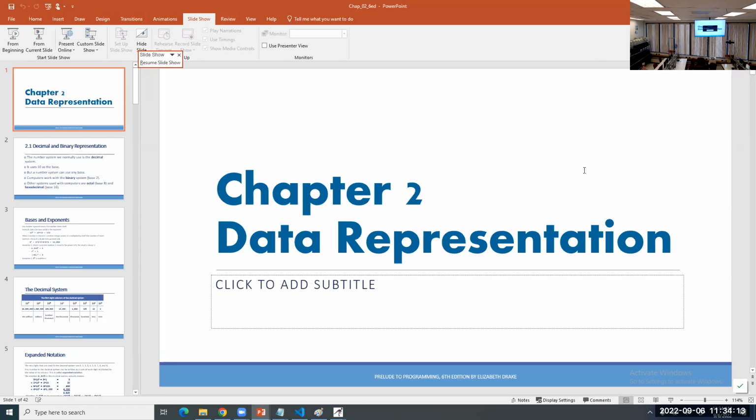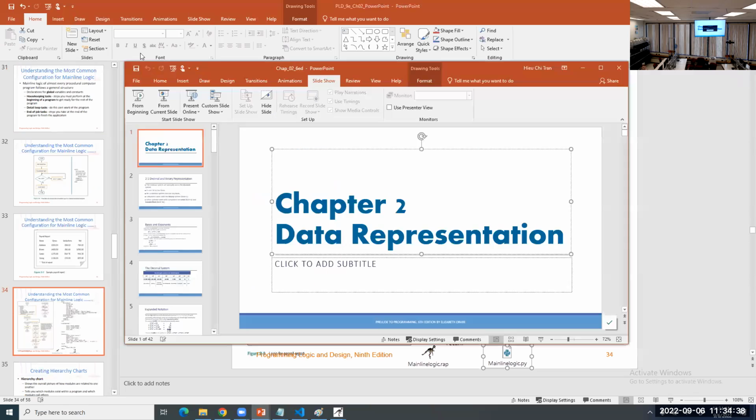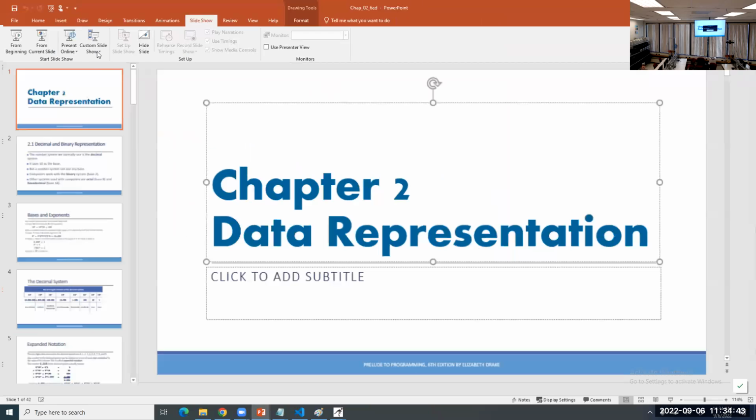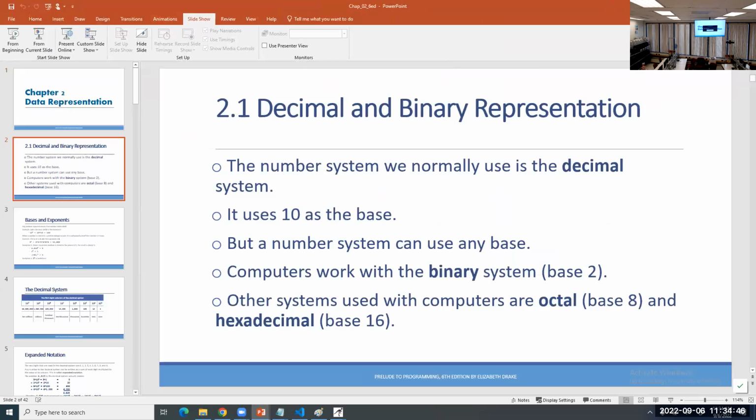Why stop slideshow? What happened? See what happened. When you moved it to the right there, it went to the other TV. This one? Yeah, up to the left there.